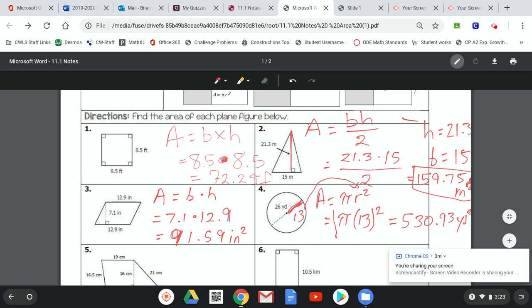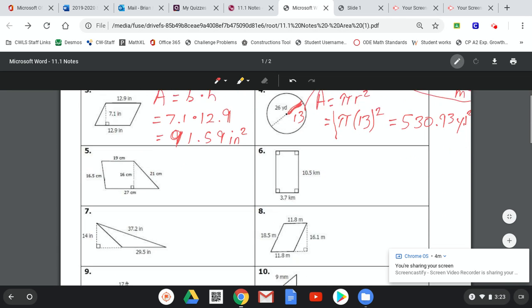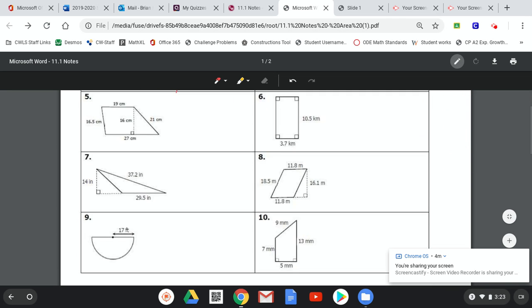Now we are going to move on to 5, 6, 7, and 8. Number 5 is a trapezoid, which is a little bit different when finding the area.